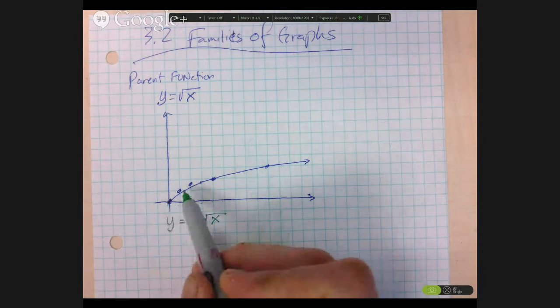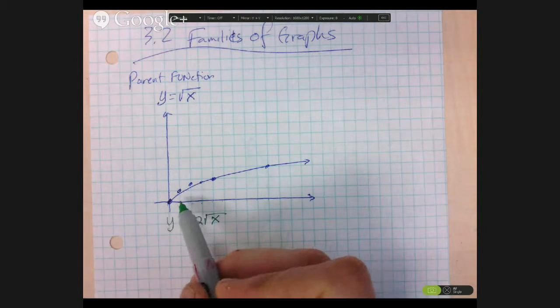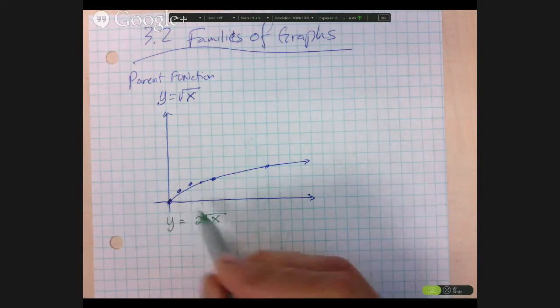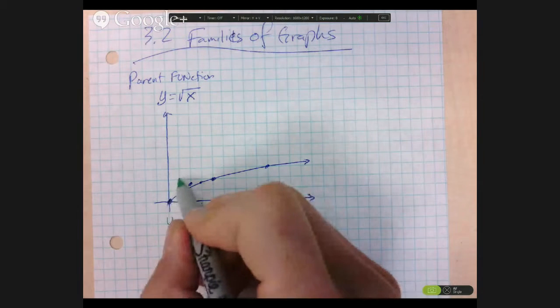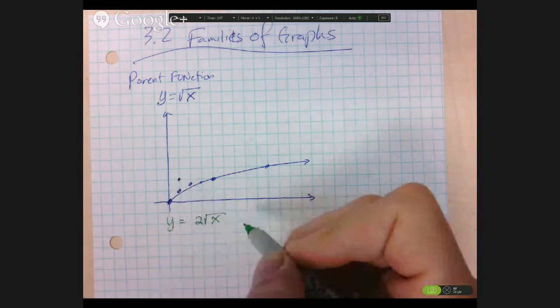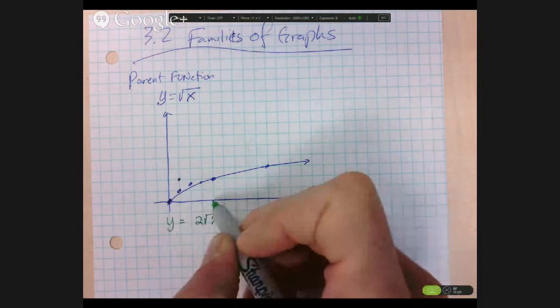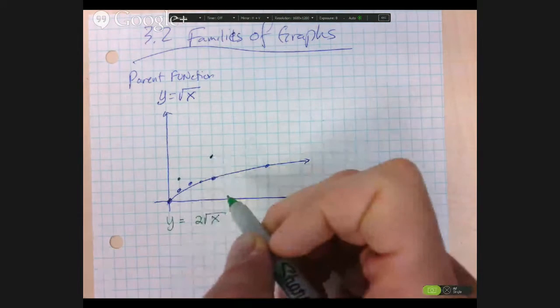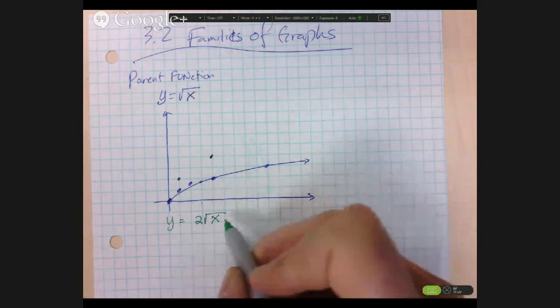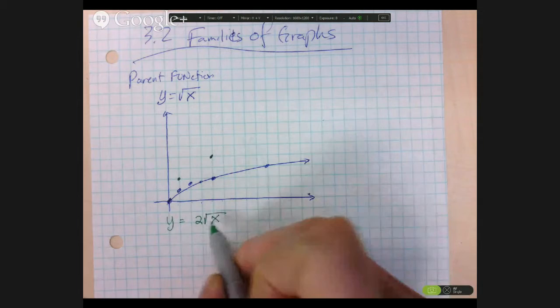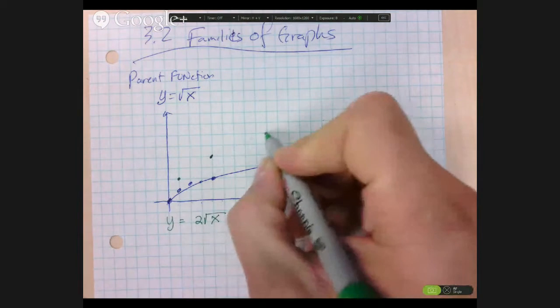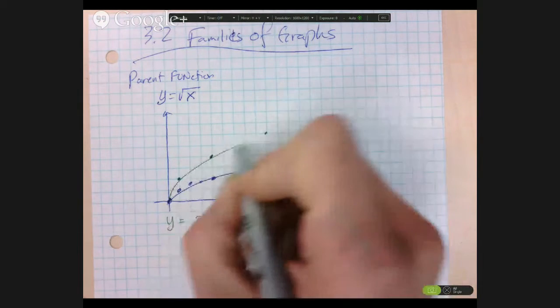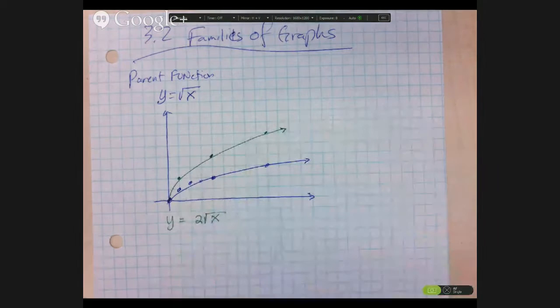But what is this point at 1 gonna have to do? Instead of 1, 1, it's gonna be 1, 2. Okay, and 4 is gonna be, instead of 2, it's gonna be 4. The square root of 9 is 3. Instead of 3, it's going to be 6. So it amplifies the function.